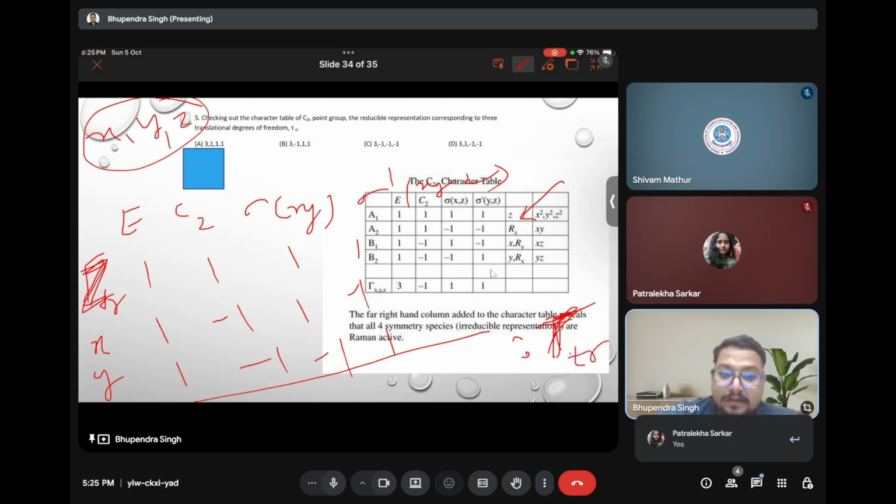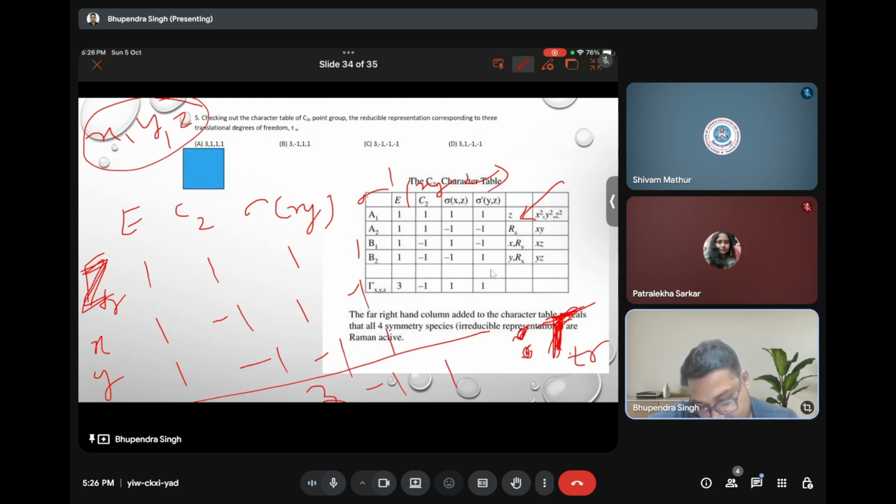Today I don't have a pen, so that is why the handwriting is too bad. Anyway, by summing all of these translational degrees of freedom, what will you get? 3, next minus 1, next plus 1, next plus 1. Is it okay? So these are your reducible representation.